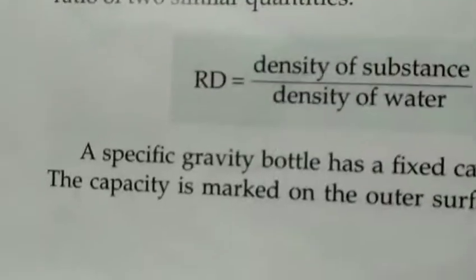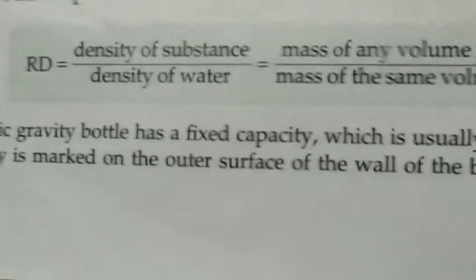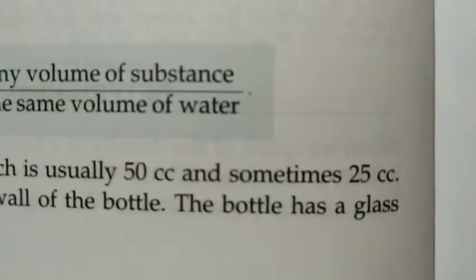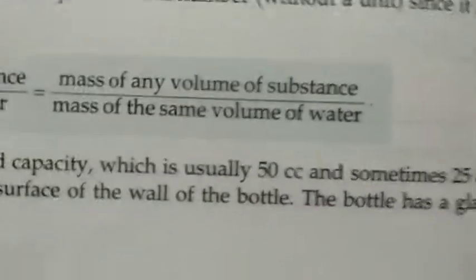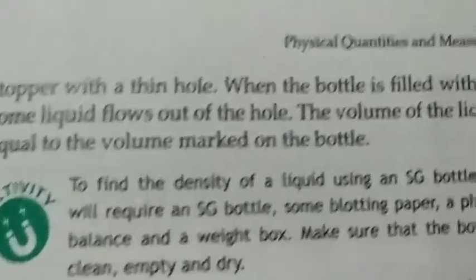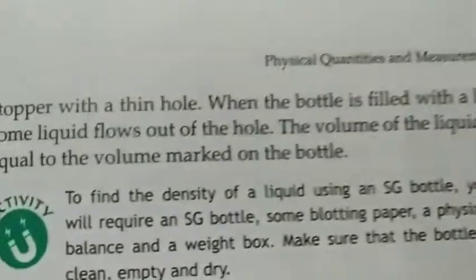A specific gravity bottle has a fixed capacity which is usually 50 cc and sometimes 25 cc. The capacity is marked on the outer surface of the wall of the bottle, and the bottle has a glass stopper with a thin hole. Okay, here this is the answer.